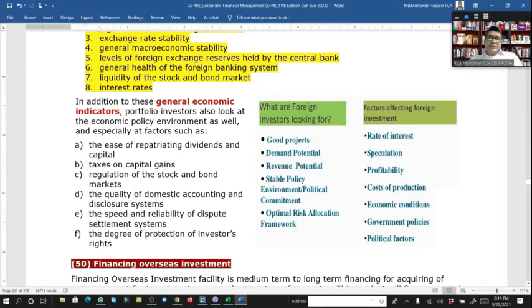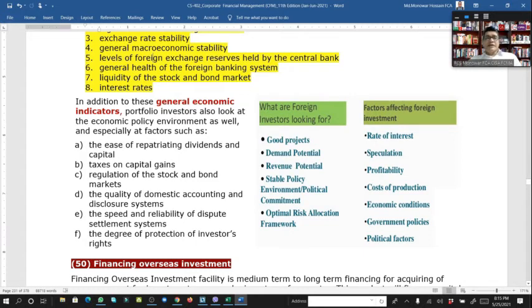So if a dividend is declared or paid, it can be sent easily from this country to the parent company. Also capital, tax on capital gains, regulation of the stock and bond market, efficient capital market, and the quality of domestic accounting and disclosure system.